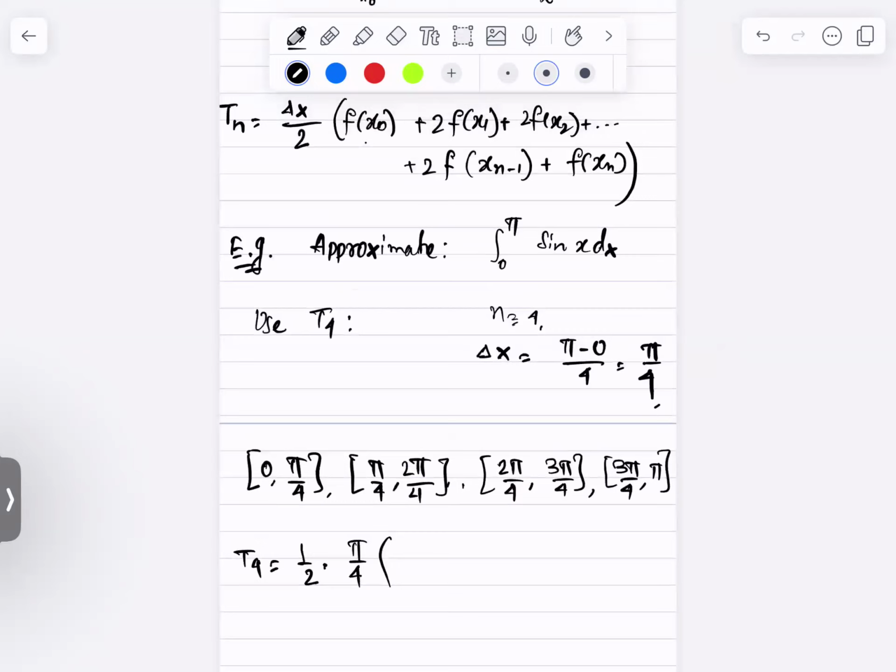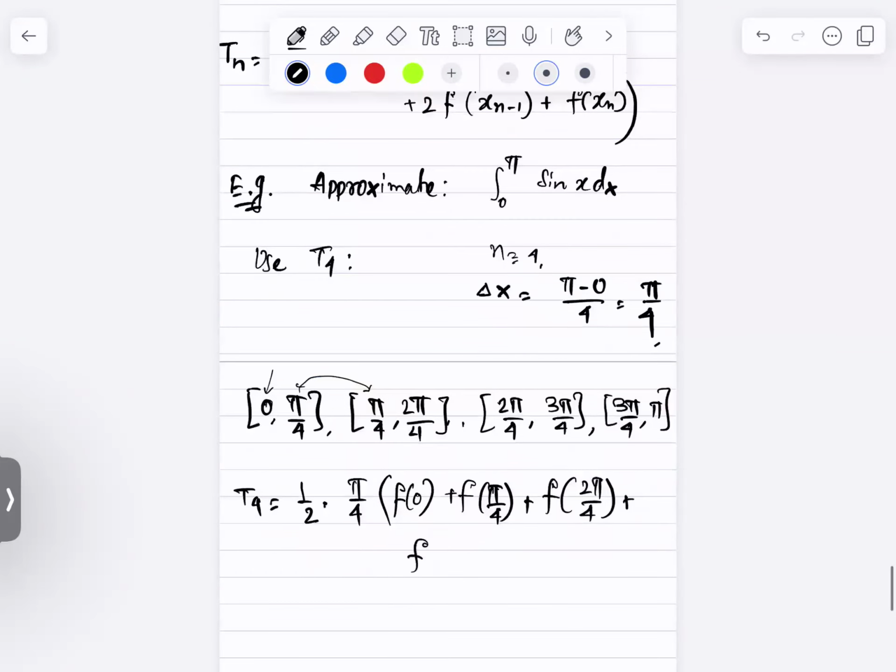Then f of x naught is the first point, so f of 0, right? F of x1, which is the second point, f of pi over 4, plus the third point, f of 2 pi over 4, plus f of 3 pi over 4, plus f of pi.